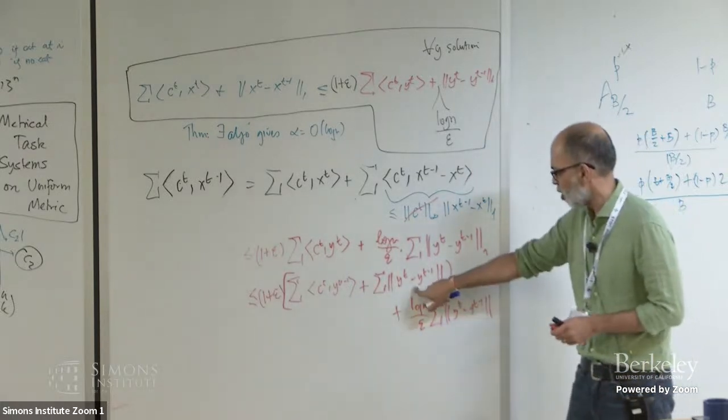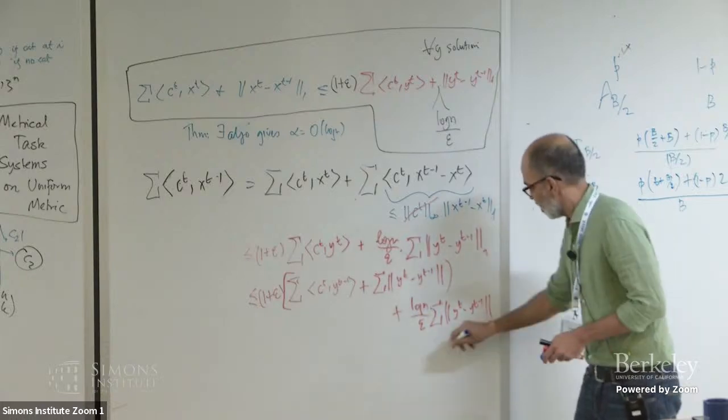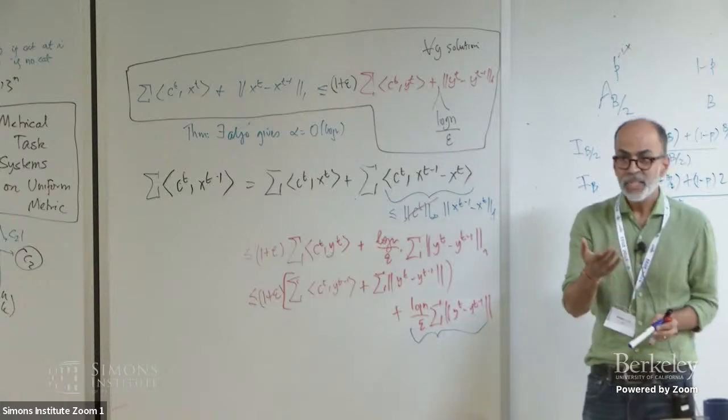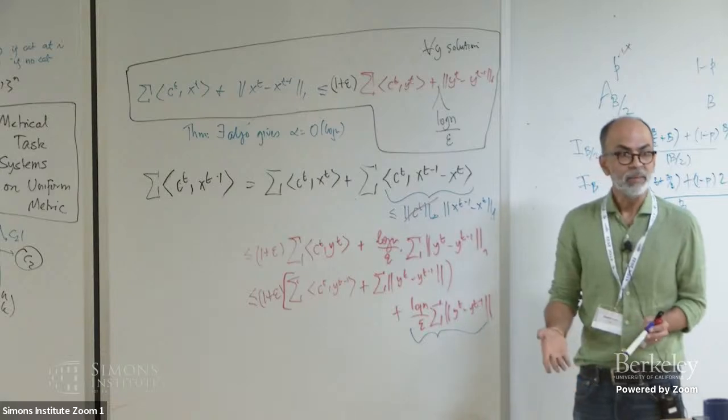This is a smaller order term compared to this, so I'm going to just ignore this one. If I'm looking at a solution that changes only k times, then this can be at most k.